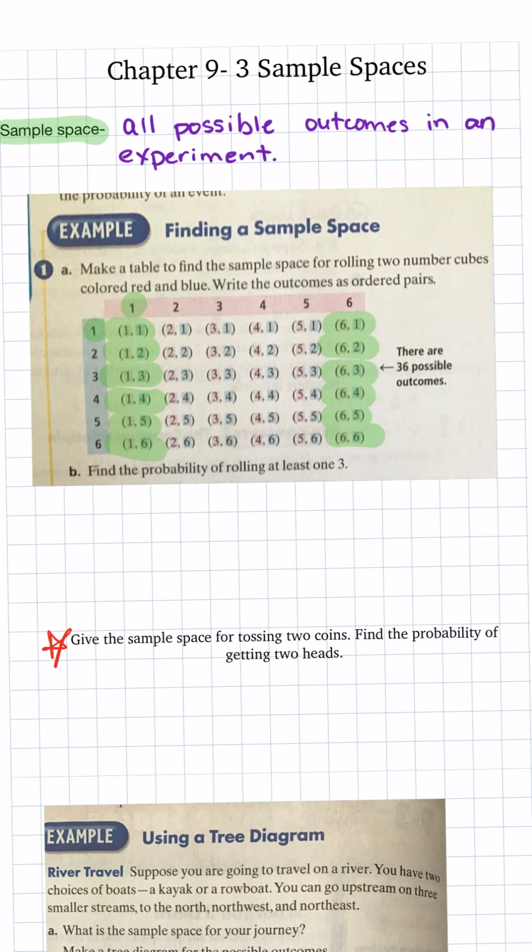These are all the red 2s, all the red 3s, all the red 4s, 5s, 6s.